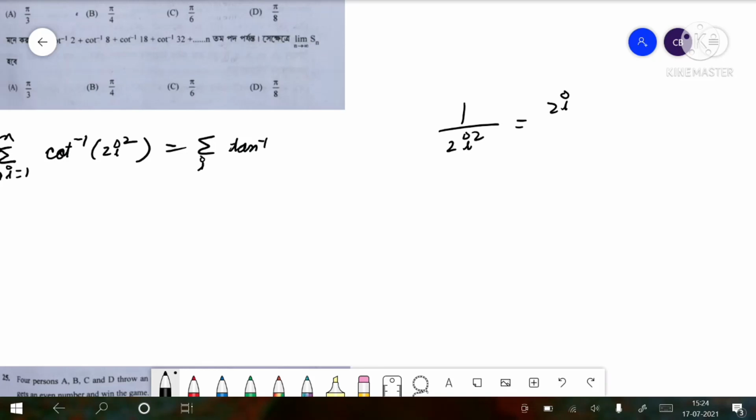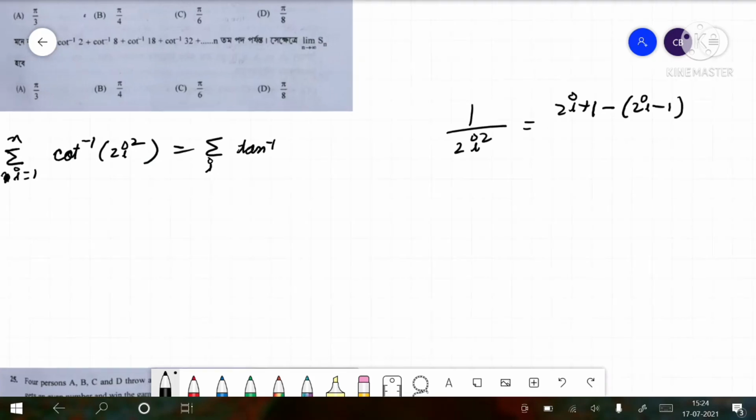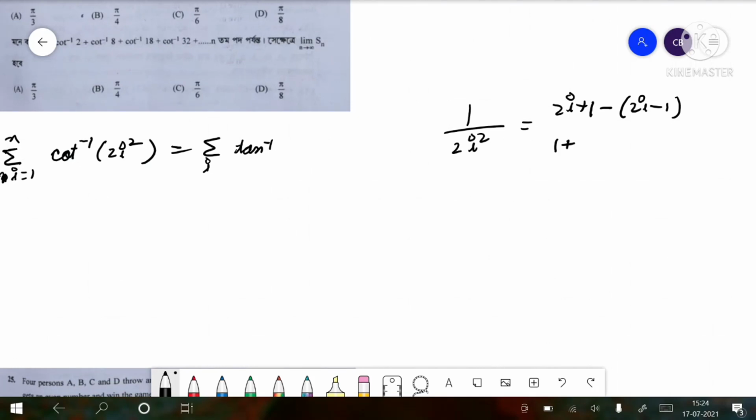we can write it as (2i plus 1 minus (2i minus 1)) divided by (1 plus (2i plus 1) times (2i minus 1)).